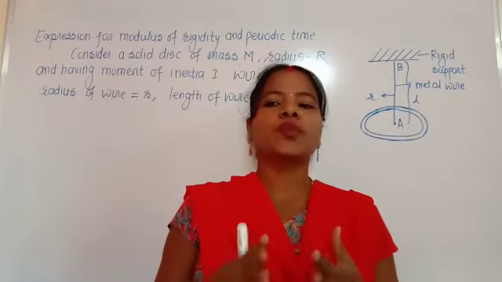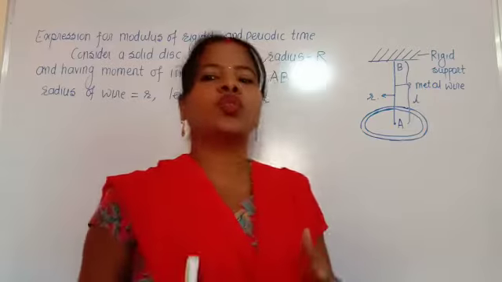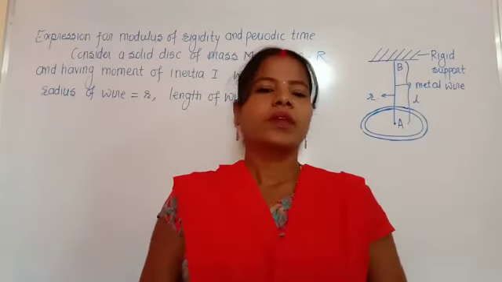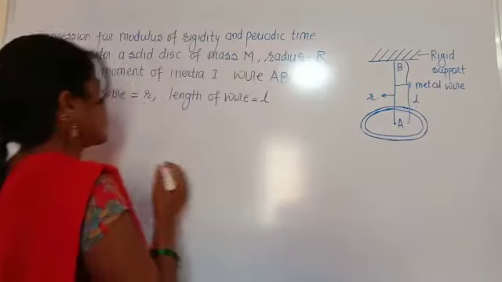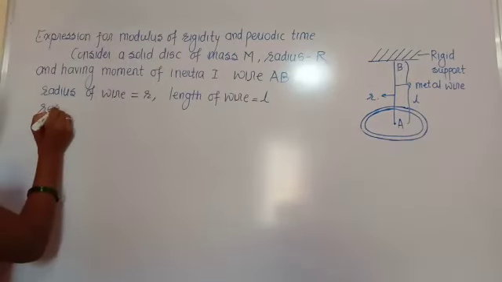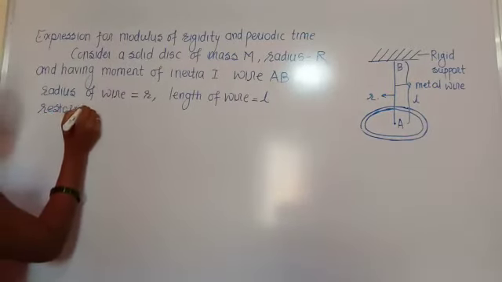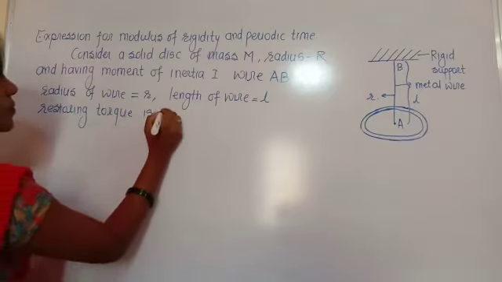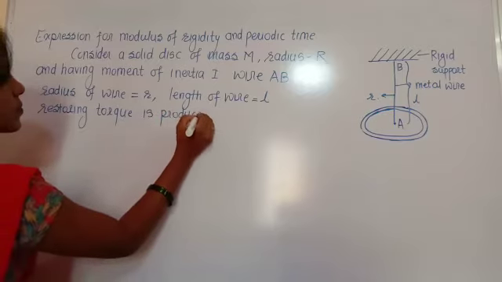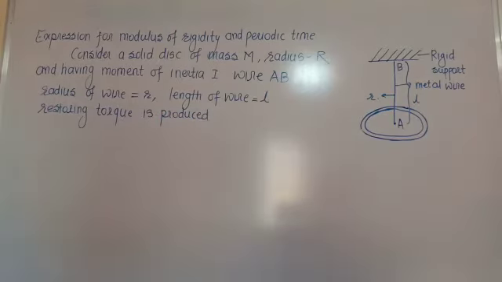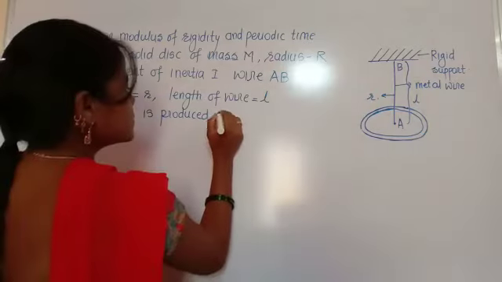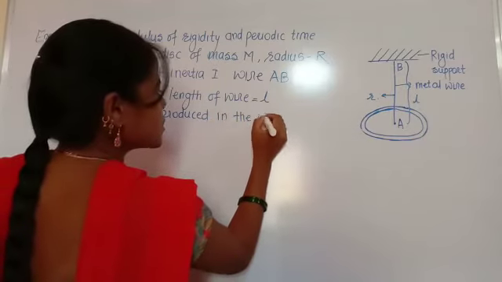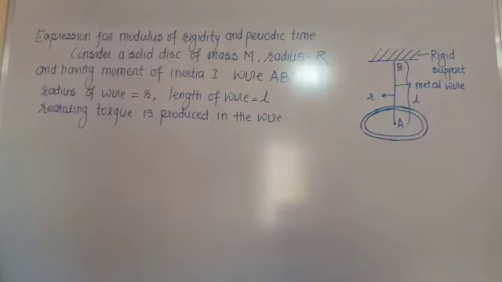The restoring torque is produced in the wire due to the twist of its lower end, because of the external torque applied to the lower end.